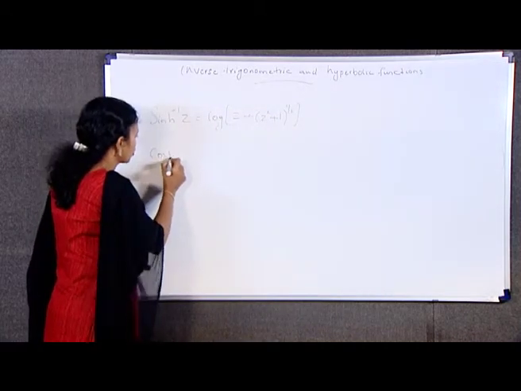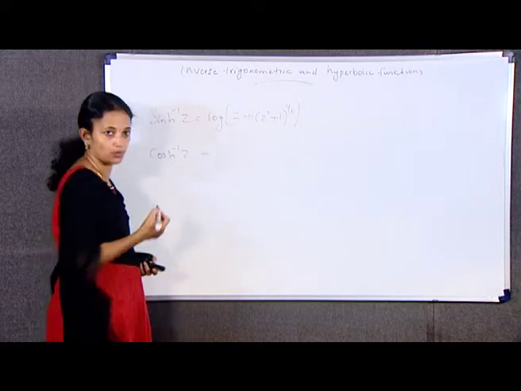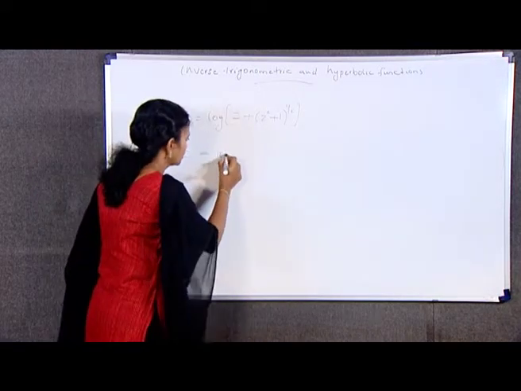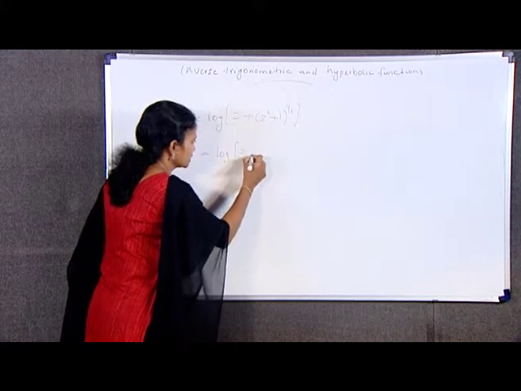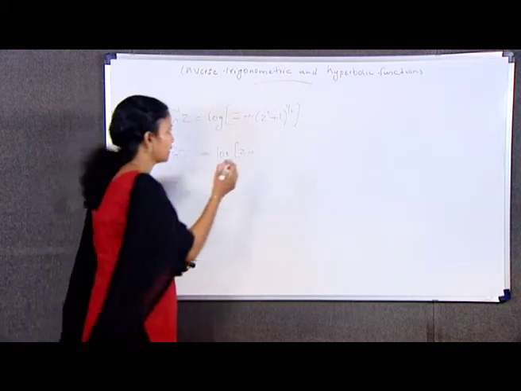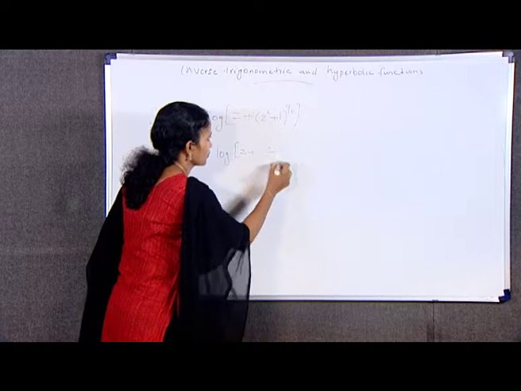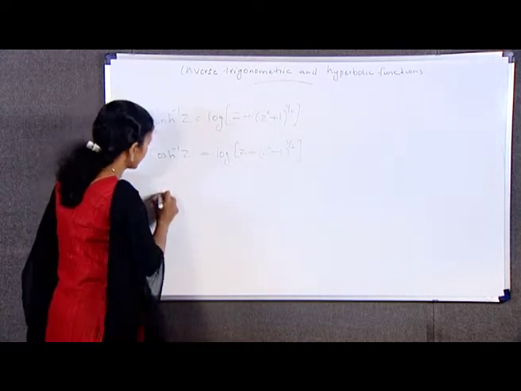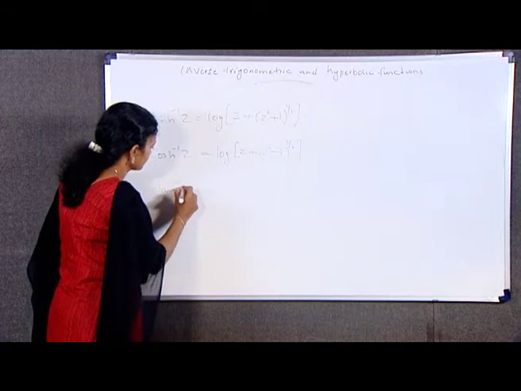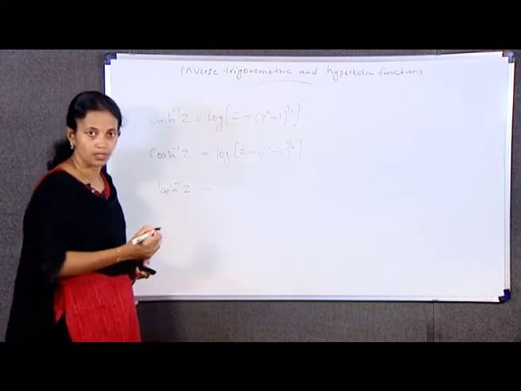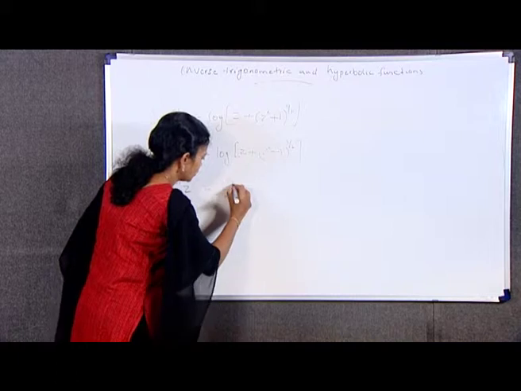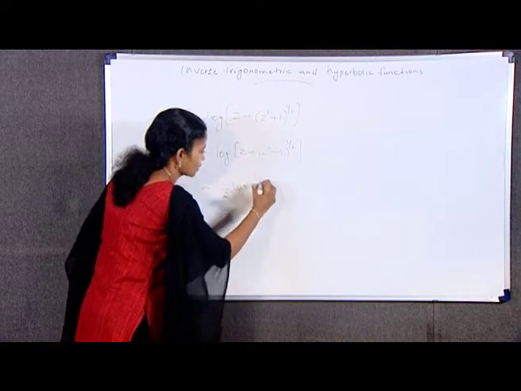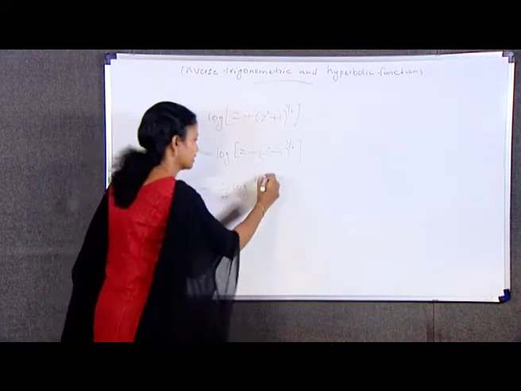Similarly, cosh inverse z is equal to log z plus z square minus 1 whole raised to 1 by 2, and tanh inverse z is equal to 1 by 2 log 1 plus z by 1 minus z.